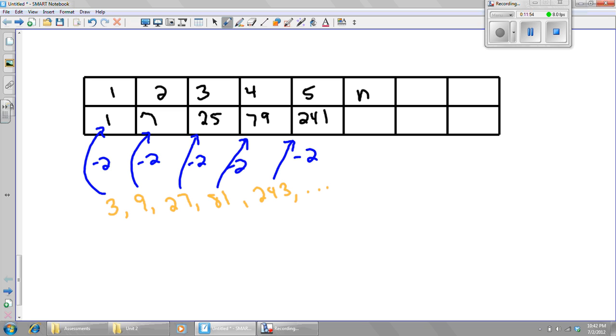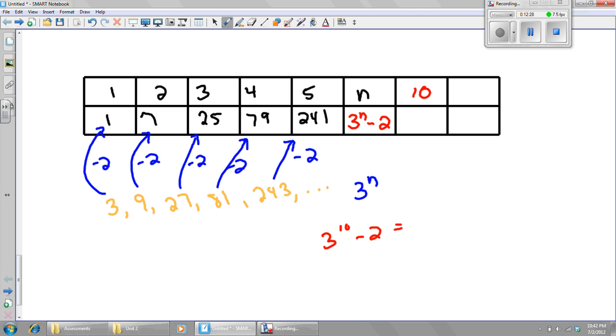The orange pattern was 3 to the power n, so this black pattern would be 3 to the power n, take away 2. If I wanted to find the 10th term, I would do 3 to the 10th power minus 2, which ends up being 59,047.